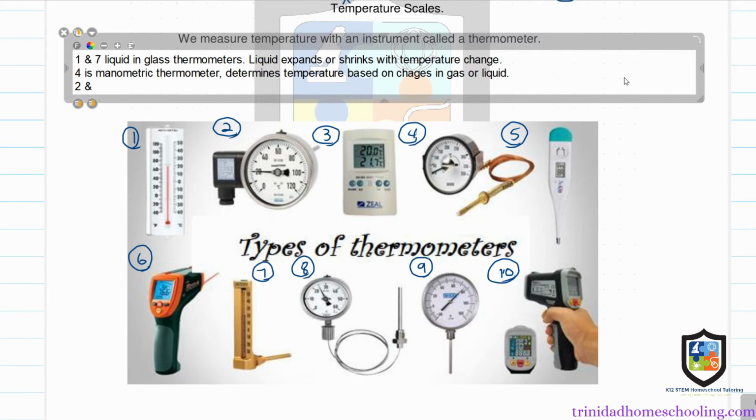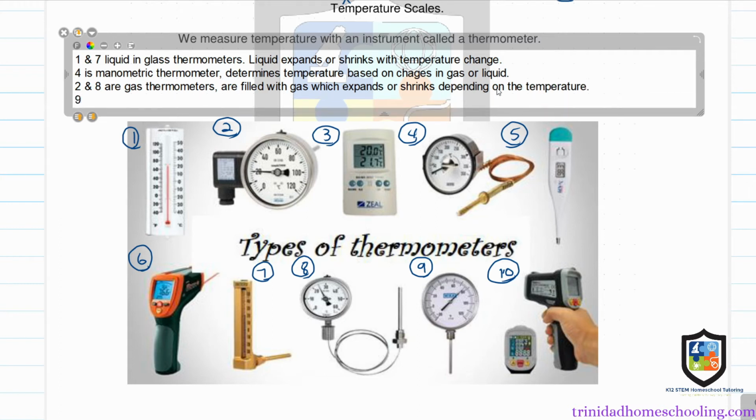Thermometers 2 and 8 are called gas thermometers, and these are filled with gas, which expand or shrinks depending on the temperature.